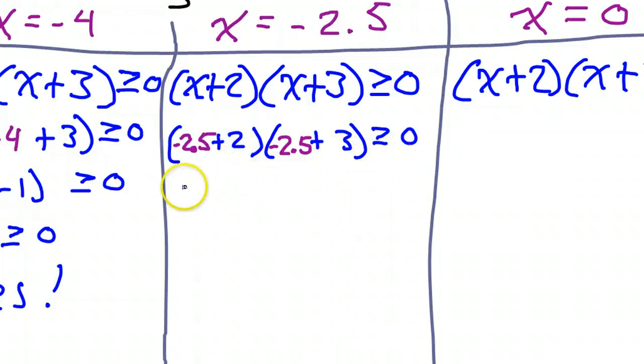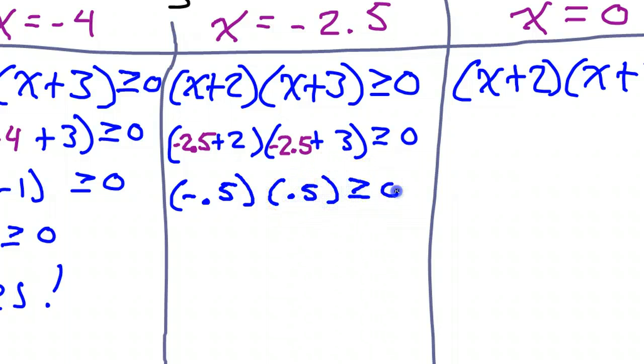Most of you will be able to do this in your head and see that negative 2.5 plus 2 is going to be negative 0.5, and negative 2.5 plus 3 is going to be positive 0.5.